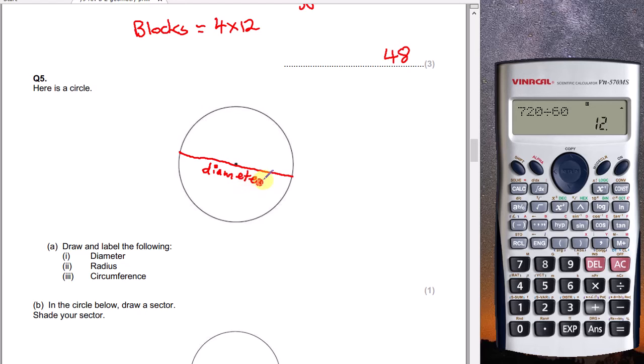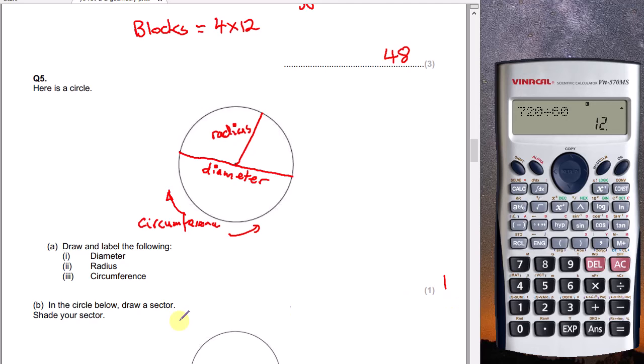A radius is the distance from the centre out. So it doesn't matter where you put it, as long as it goes from the centre and it's a straight line. The circumference is all the way around. So as long as you're clear it's going around the outside of the shape, you'd get the marks.